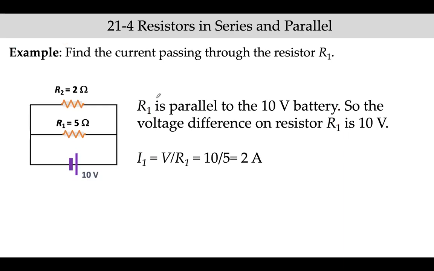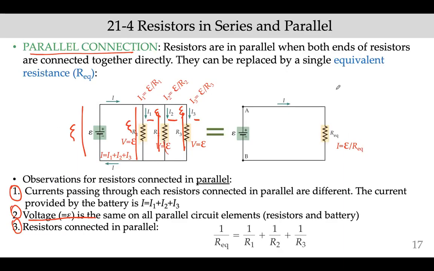So, maybe let's also talk about this. If you have, let's say, a circuit like this, with one battery here and one resistor here, and if you have two resistors here, let's say this is again 3 volts. Now this 3 volt battery is in parallel with this single resistor.